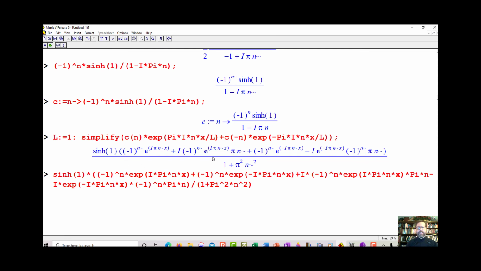Every single term has a negative 1 to the n, with a little tilde on there indicating that we've made an assumption that those are natural numbers. So I'm factoring out negative 1 to the n on every single term.